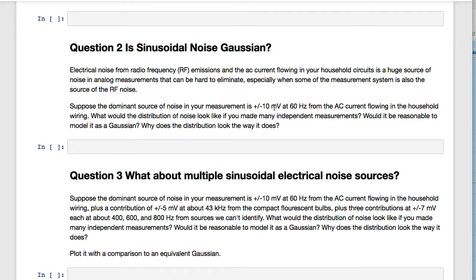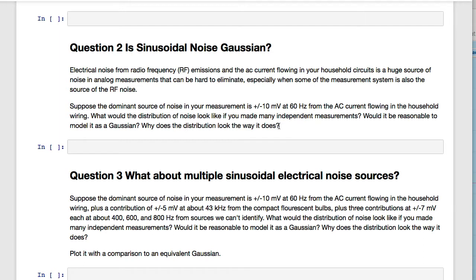Let's assume the measurement's steady for now. We're just going to look at the noise. What would the distribution of the noise look like if you made many independent measurements? So we could look at how the noise changed over time. Would it be reasonable to model it as a Gaussian? And why does the distribution look the way it does?